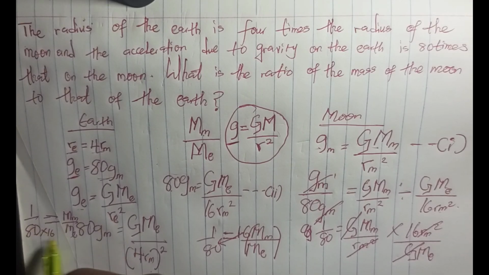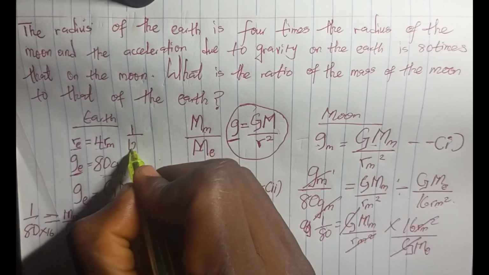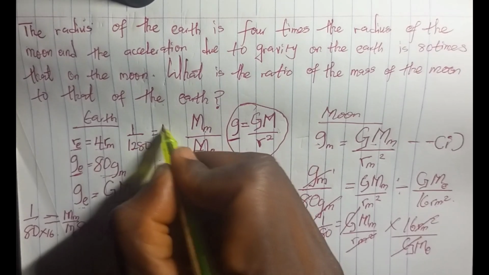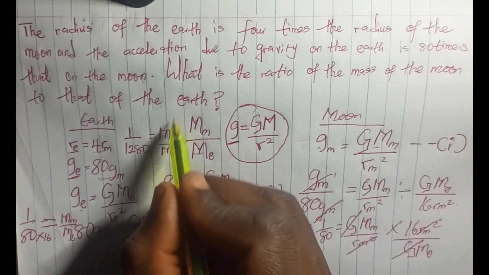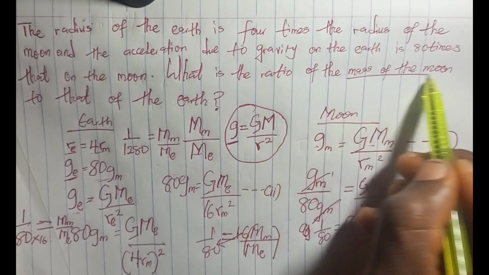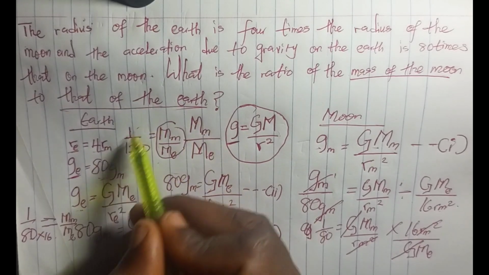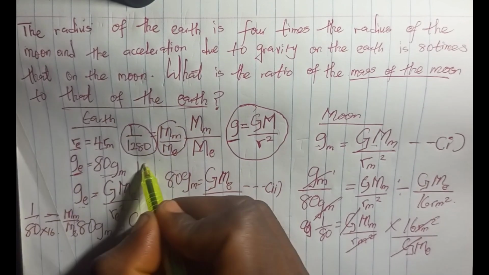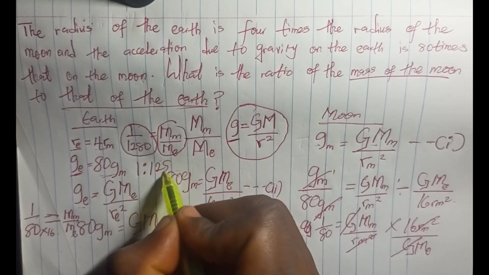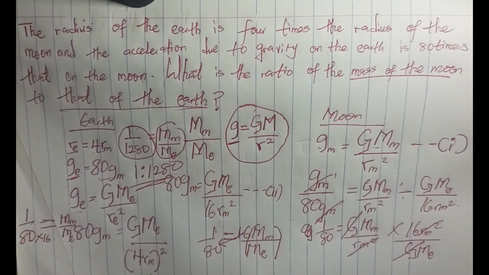Now, 80 times 16 is 1280. So 1 over 1280 equals the mass of the Moon over the mass of the Earth. So the answer is, they ask for the ratio of the mass of the Moon to the mass of the Earth, and that is 1 over 1280, or you can say 1 is to 1280. This is correct. I hope you understand.